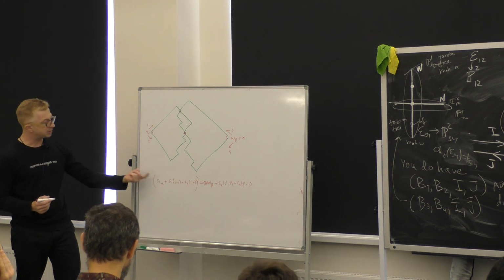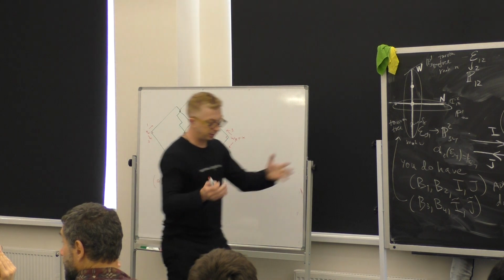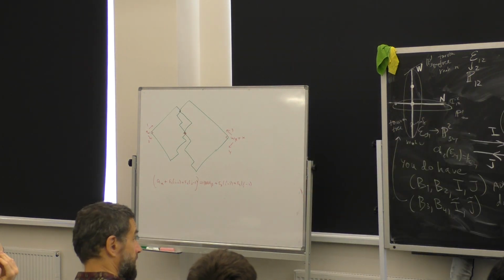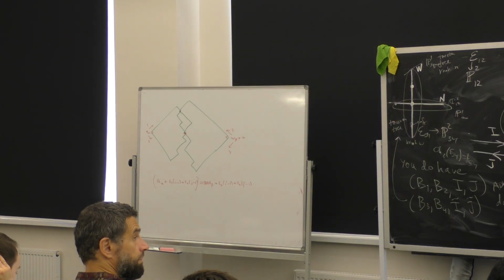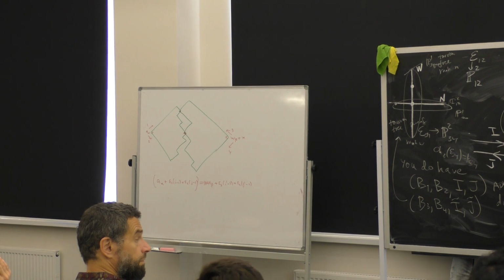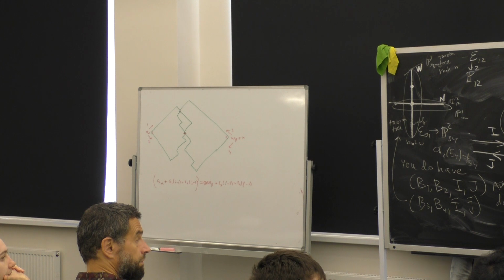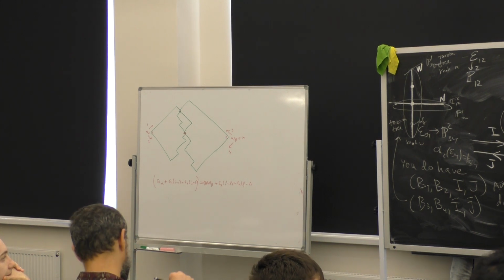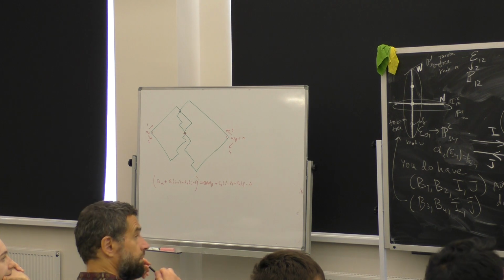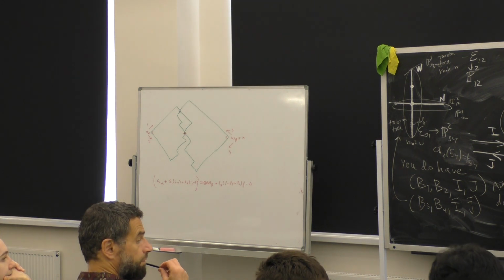But what it means now is that I decreased the torus by which I act, because I don't allow to act with this antidiagonal torus. It is expressed in terms of the maximal torus of SLN, SLW, and C star cubed.